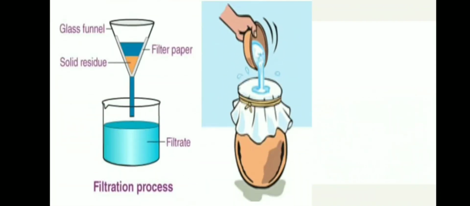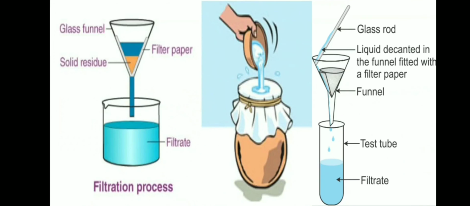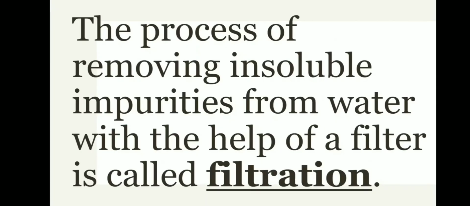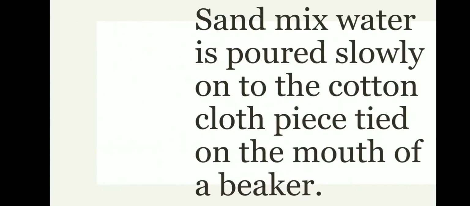These are different methods of filtration, but the process is that a filter, a glass funnel or filter paper or a thin cotton cloth is taken, and then impure water is poured into that, and slowly the clear water gets collected into a beaker, and the insoluble impurities remain in the filter paper or in the cotton cloth as residue. The process of removing insoluble impurities from water with the help of a filter is called filtration.